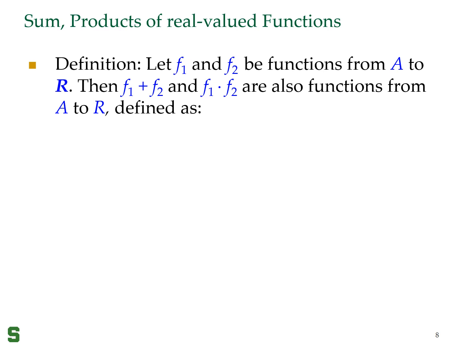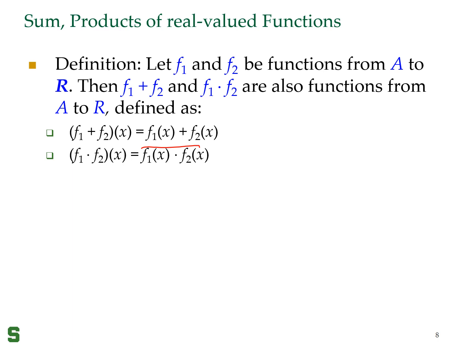Let f1 and f2 be two functions from set A to set R, which is the set of real numbers. Then we can define functions like f1 plus f2 or f1 times f2. So f1 plus f2 of x is you take f1 of x, you take f2 of x, and then you add them. f1 times f2 of x is you take f1 of x, you take f2 of x, and you multiply them.